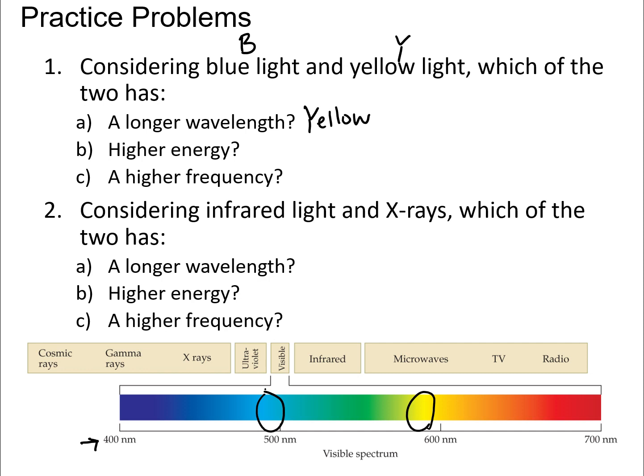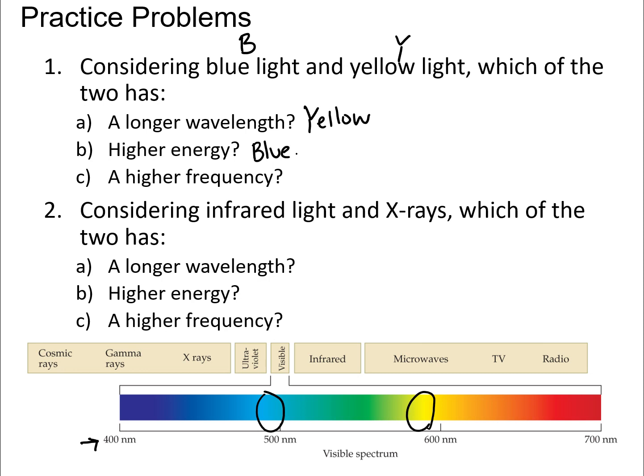So 600 nanometers is definitely longer. Which one has higher energy, blue or yellow? Blue. Since the yellow light has the longer wavelength, blue is the shorter one. Shorter wavelength is associated with higher energy.